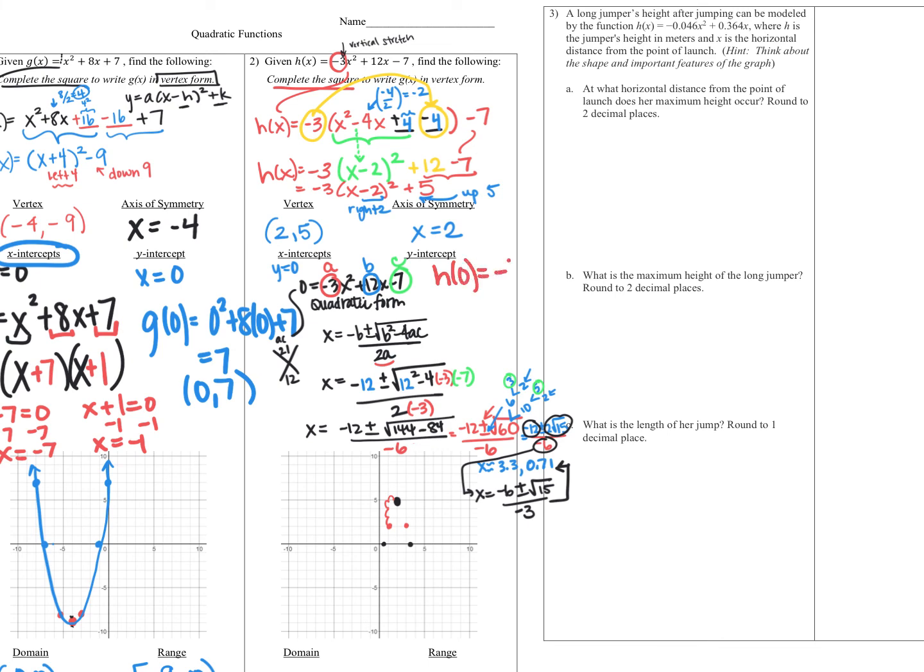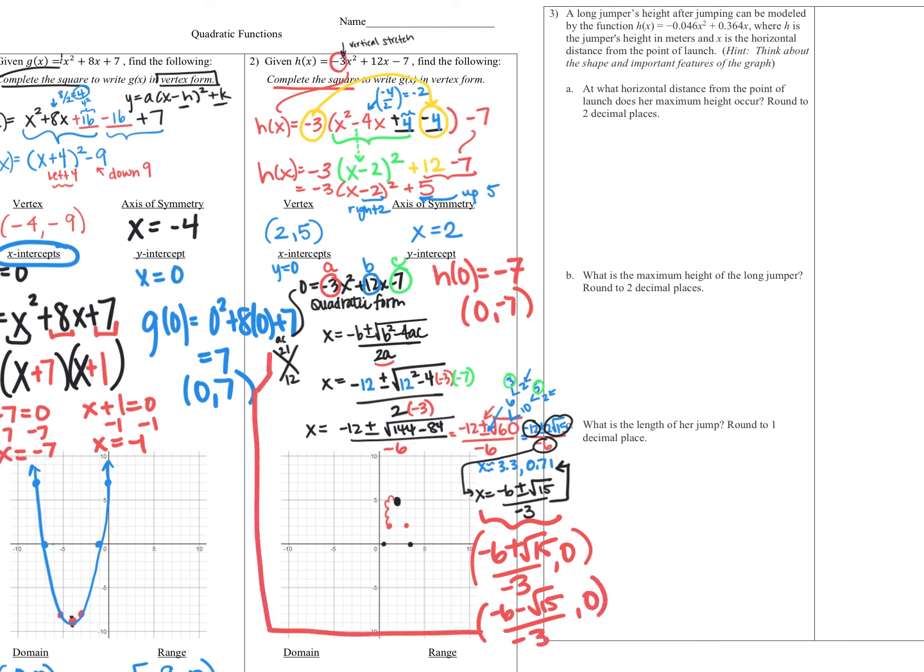Everything will become 0, except we'll get a -7. So 0, -7. And for my x-intercepts for this part, I forgot to list them. I would have -6 plus the square root of 15 over -3, 0, and -6 minus the square root of 15 over -3, 0. Those would be my x-intercepts.